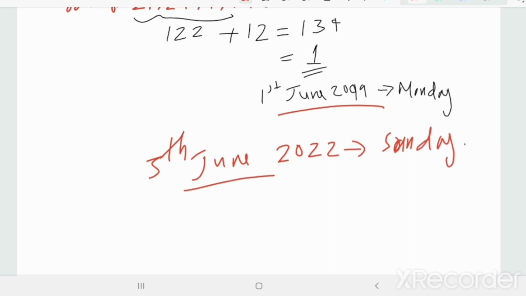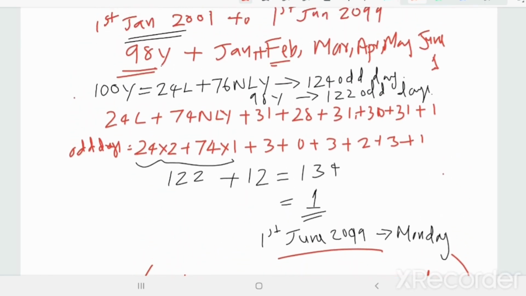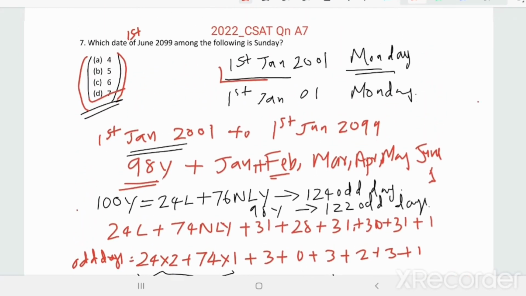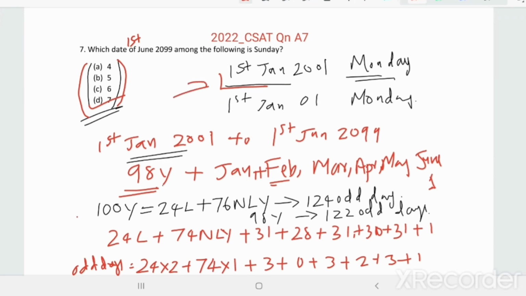You can take this also as a benchmark, but when taking this as benchmark, it is slightly difficult to find the number of odd days. So using this method you can easily find the number of odd days and the Sunday of June 2099.